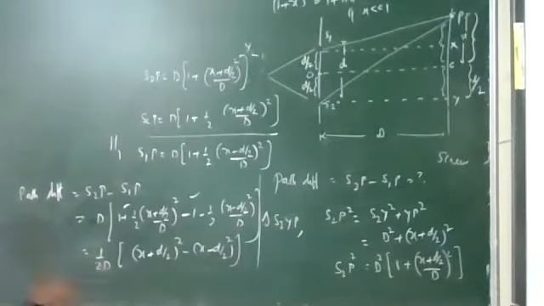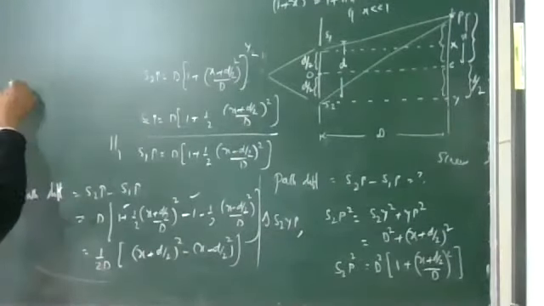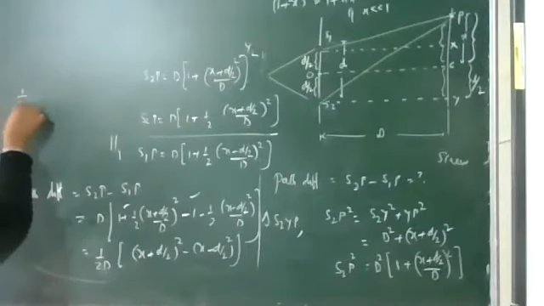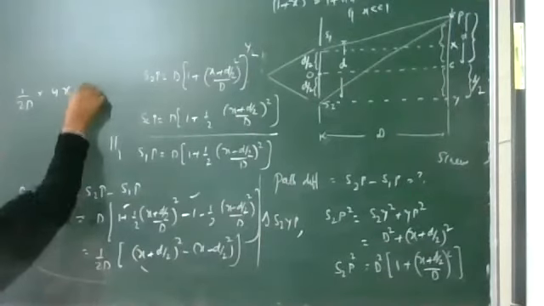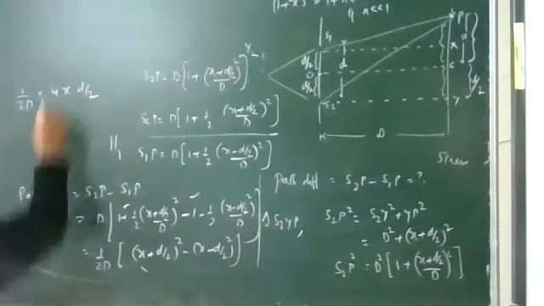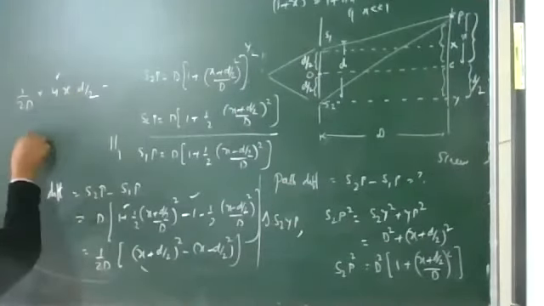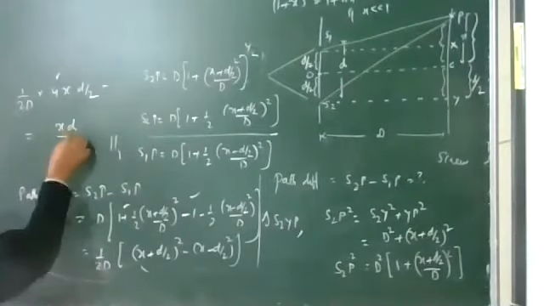So from here the path difference is equal to 1 upon 2D into 4 into X into D by 2. The 2 cancels from here. This is equal to simply X d by capital D.